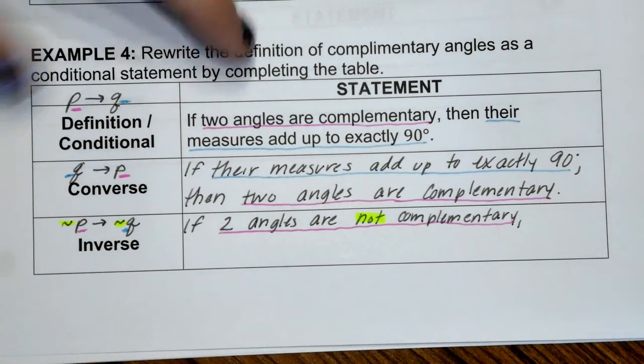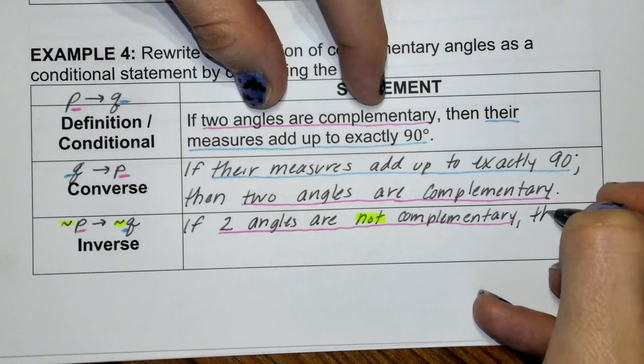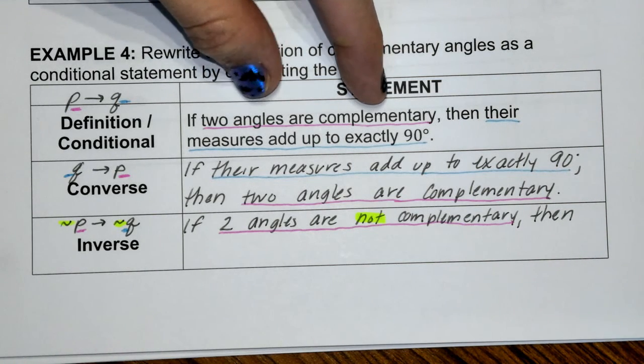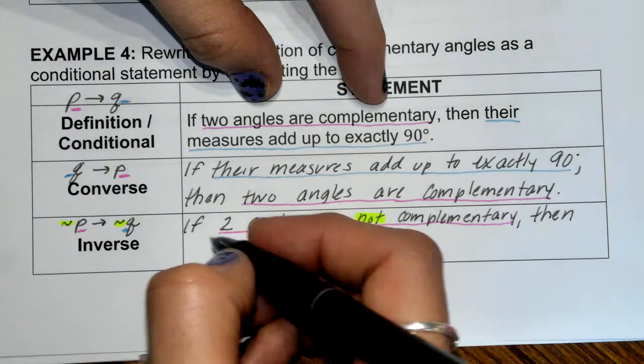So if two angles are not complementary, then the opposite of their measures add up to exactly 90 degrees would be their measures do not add up to exactly 90 degrees.